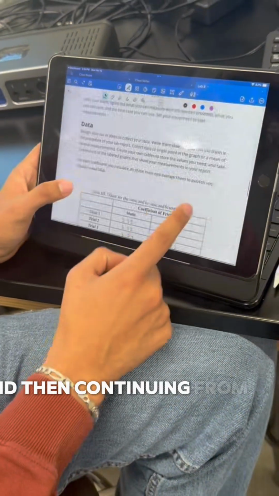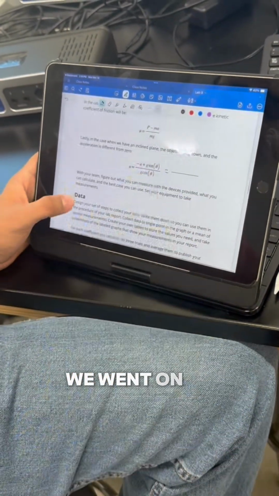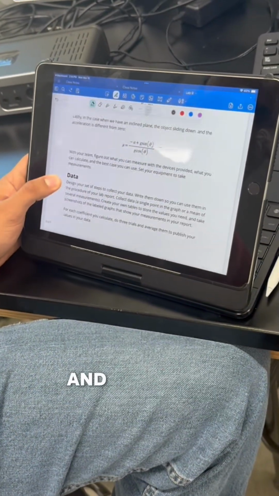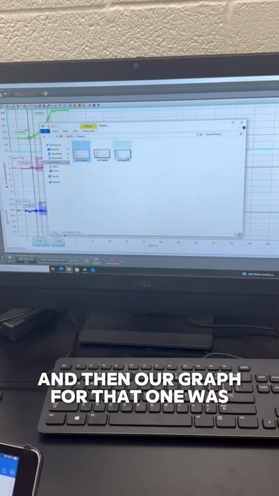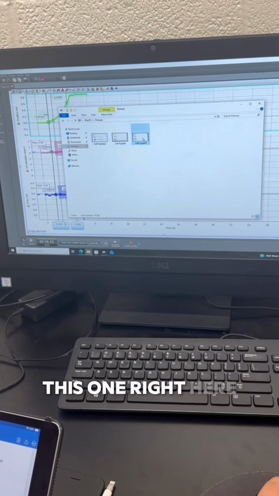And then continuing from that, we went on to do our third trial, and it was the same setup, same everything. And then our graph for that one was this one right here.